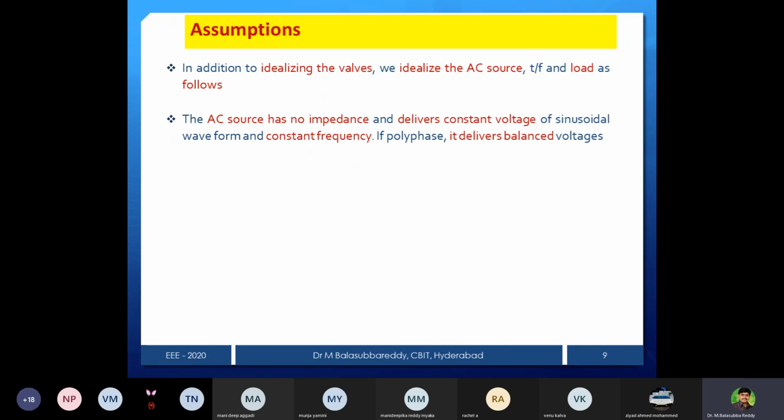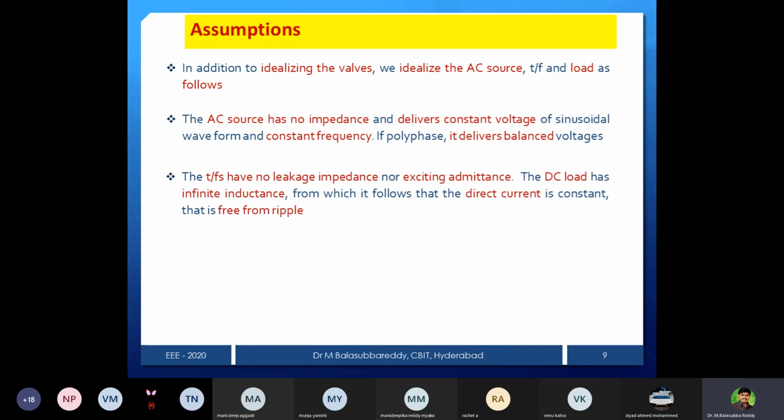With no impedance, the output load can change, but the source will maintain a constant voltage. If polyphase, it delivers balanced voltage, that is another assumption. Whether single phase or polyphase, it delivers a balanced voltage. And the transformer has no leakage impedance nor any admittance, so you just neglect the leakage impedance.